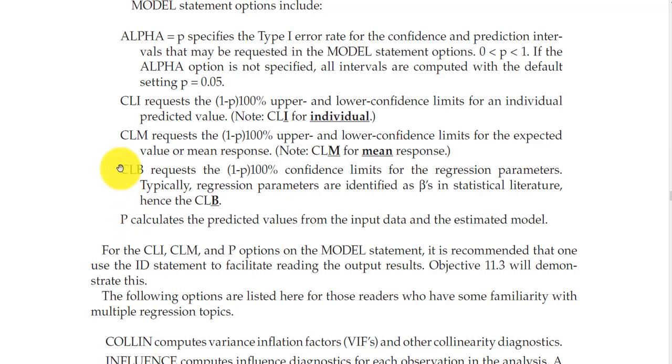CLB is the confidence limits for the betas, the y-intercept and the slope. If you want something other than 95%, then you need to write alpha equals and specify the probability you want there. By default, you're going to get 95% confidence intervals. The confidence interval for the mean response and the prediction interval: again, 1 minus alpha controls all of those.